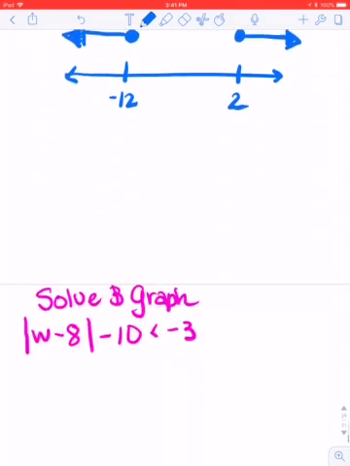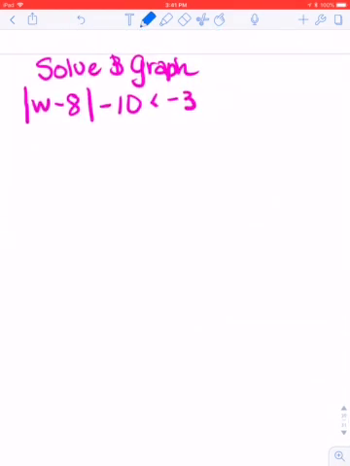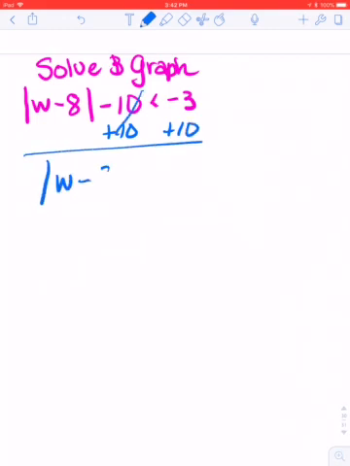Okay, let's take a look at one more. On this one, we need to be able to solve and graph as well. But in order to get this absolute value by itself, I need to get rid of this minus 10. So the opposite of subtracting 10 is adding 10. So I have the absolute value of w minus 8 is less than, and negative 3 plus 10 is positive 7.